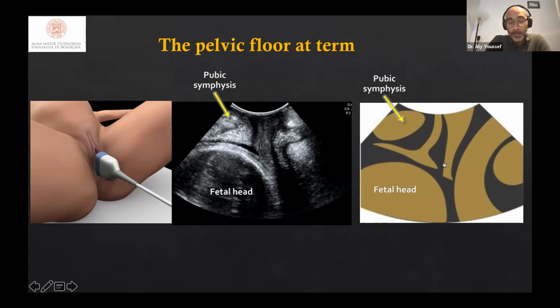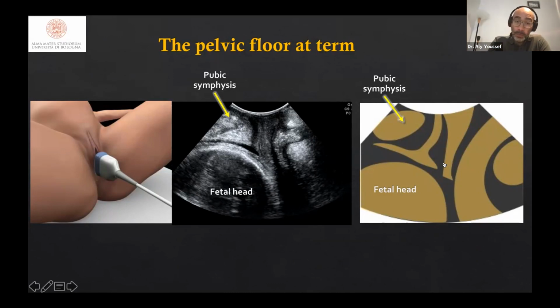pelvic floor dimensions. And this is relevant for childbirth, for vaginal childbirth, because adequate pushing in the second stage of labor is characterized by a pelvic floor relaxation and an increase in the intra-abdominal pressure of the patient.